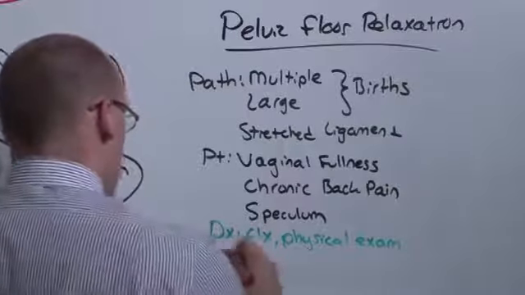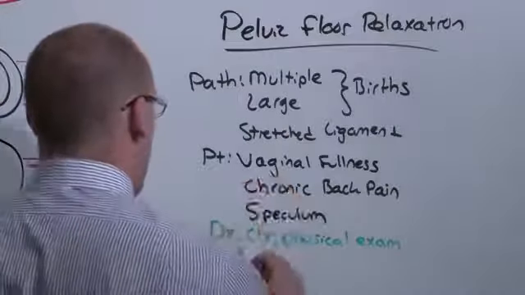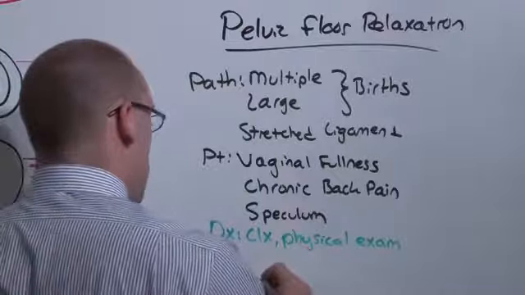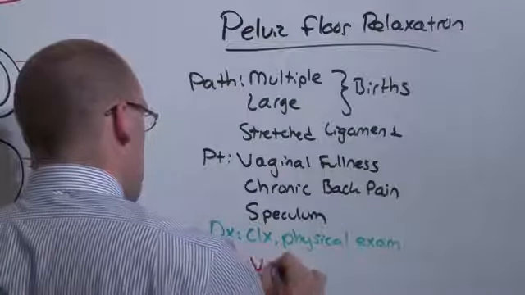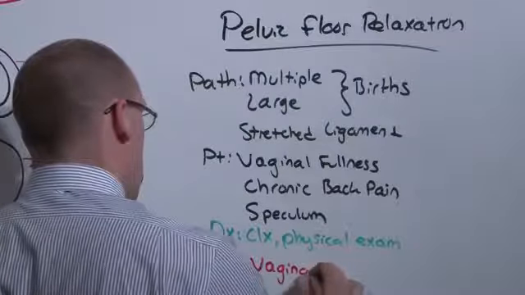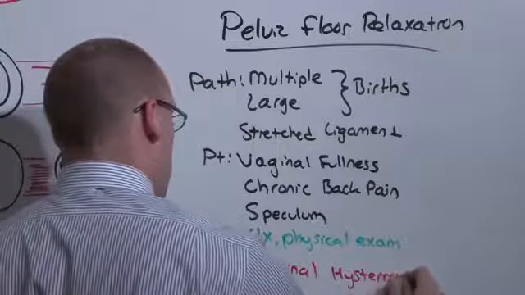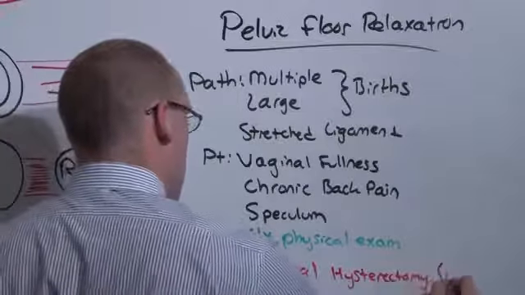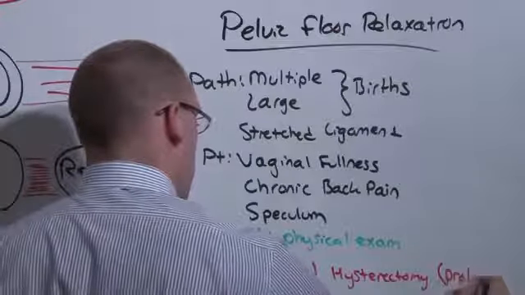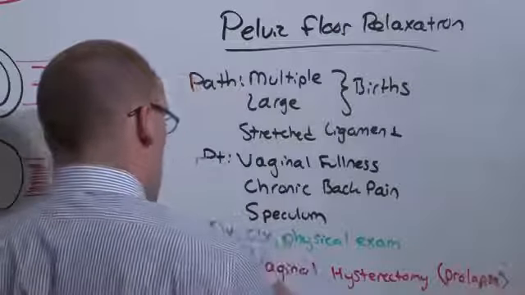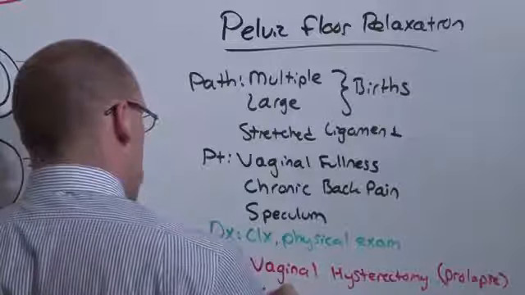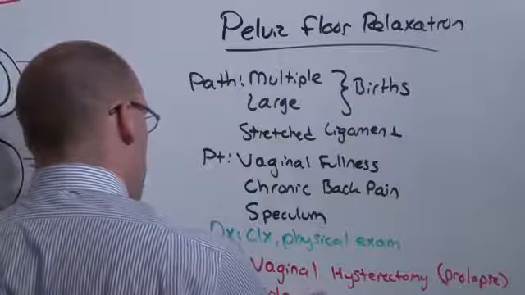And the treatment is dependent on what disease you have. If you've got uterine prolapse, you're going to need to do a vaginal hysterectomy. There's no putting the uterus back. And what you can do for the cystocele and the rectocele is colporrhaphy.